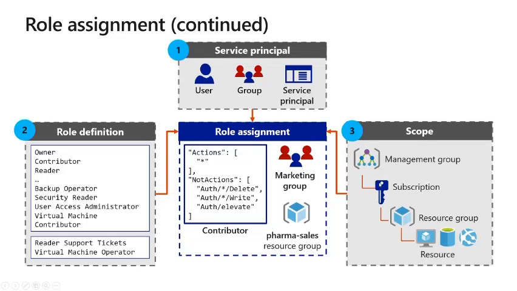That means all the resources under this management group will have this role. Or in other words, let's say a user is assigned a contributor role on this subscription. That means all the resources under this subscription, this user has that role.